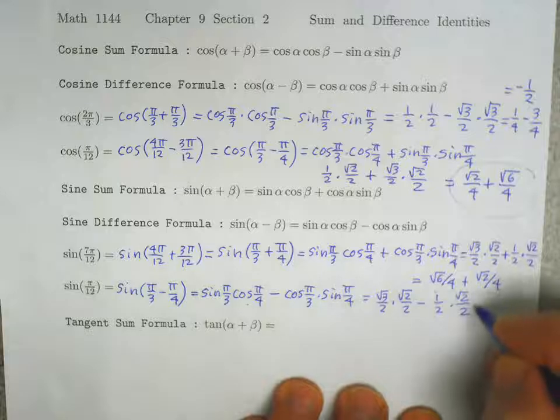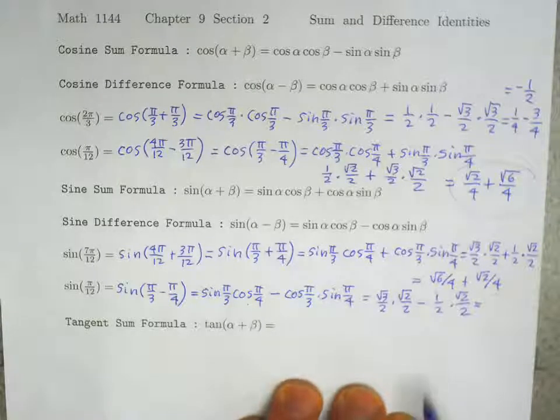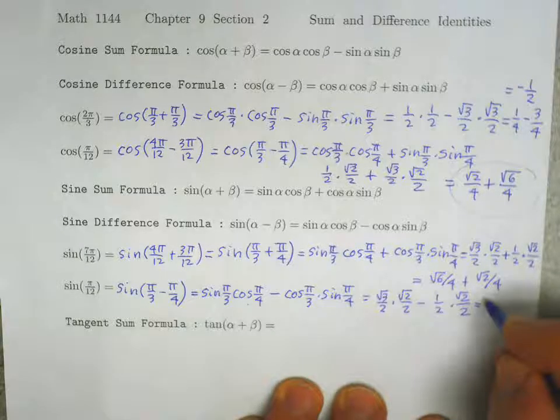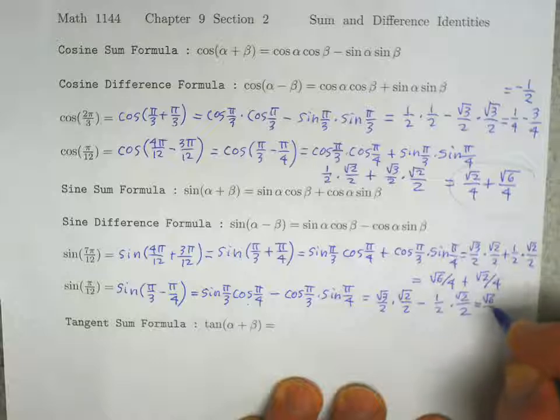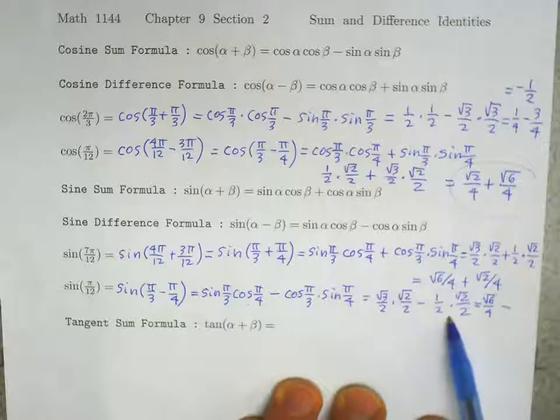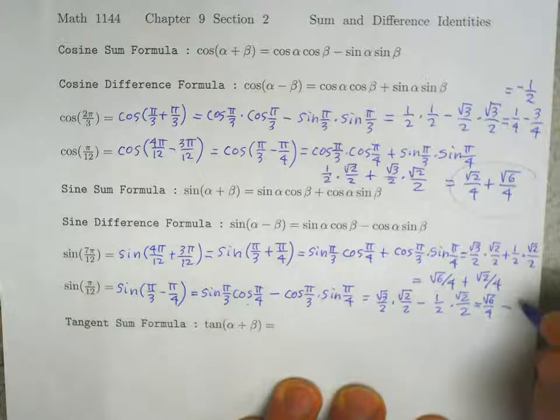So we can squeeze in a more simplified version. The square root of 3 over 2 times the square root of 2 over 2 is the square root of 6 over 4. And from that, we subtract 1/2 times the square root of 2 over 2, which is minus the square root of 2 over 4.